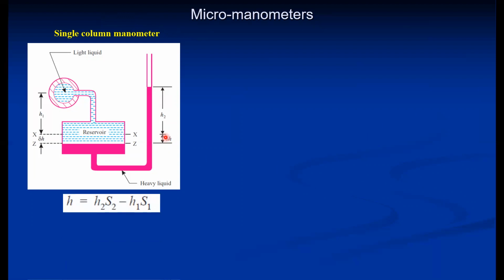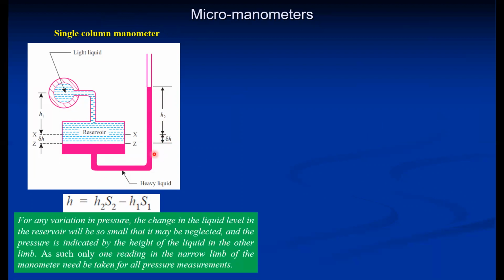Here the pressure is measured with the help of this formula, but we can neglect this particular height. Obviously, for any variation in the pressure, the change in the liquid level in the left limb, that is delta H, is comparatively negligible compared to the level in the right limb.